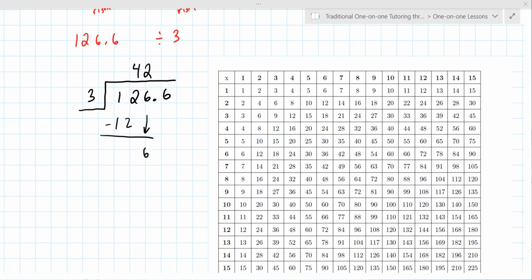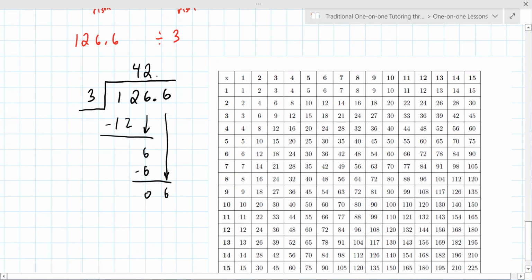And then after, when we get 42, I got stuck on this part. Yeah, so did you bring the other 6 down afterwards? Yes. Because you subtract again and you get 0, bring the 6 down, and then is this your final answer?